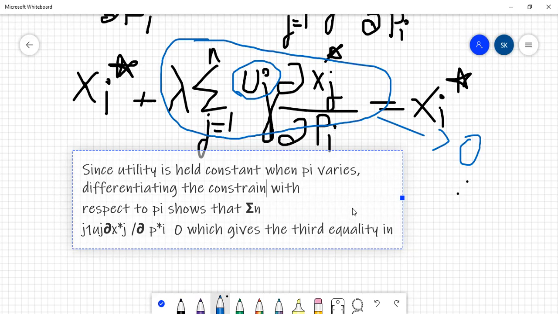If this whole function is equal to 0, then the only value left after partially differentiating with reference to pi is xi star.